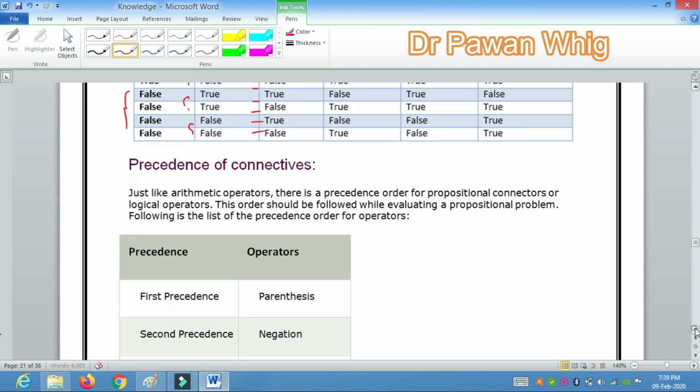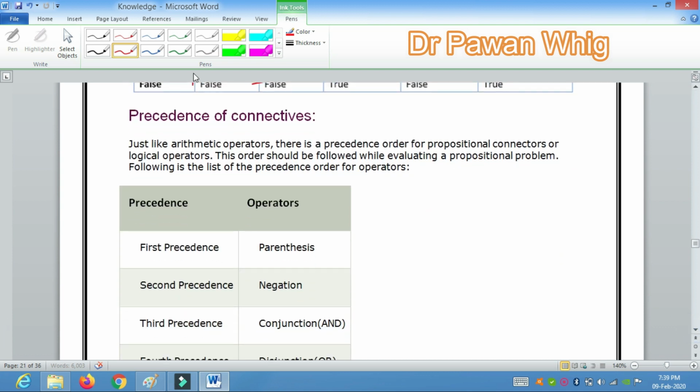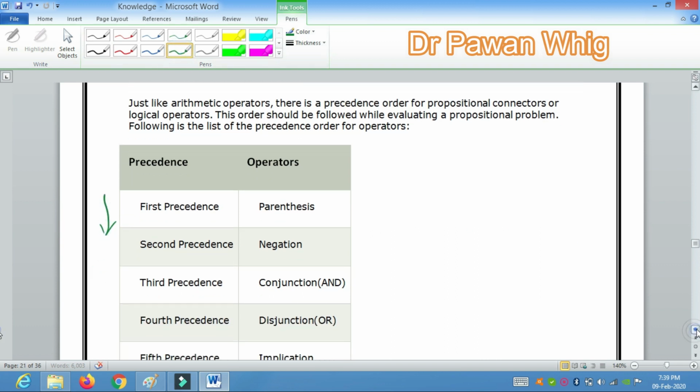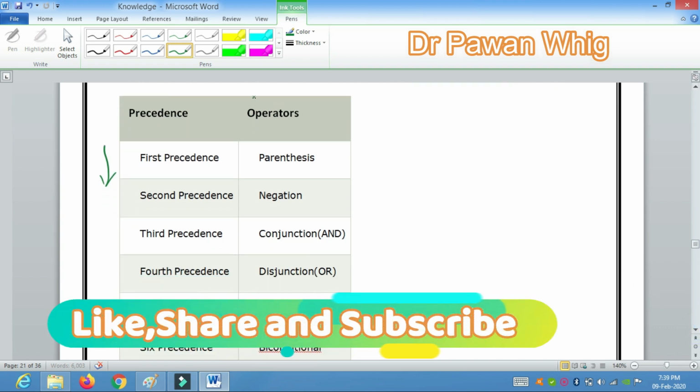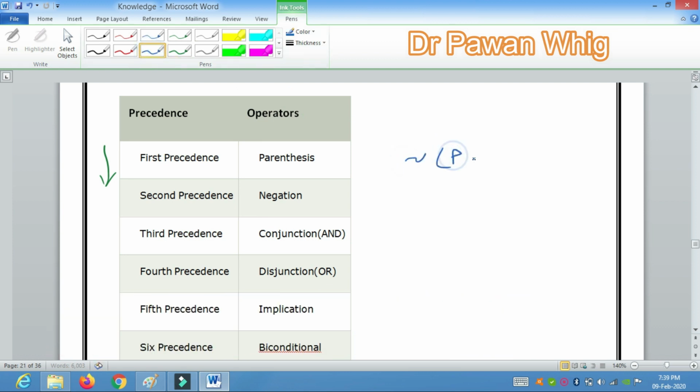So this is very important, the precedence of connectives, which is nowhere explained very clearly. It is the precedence for solving these kinds of propositional logic. Let us suppose we have to solve this P or Q. First of all you have to solve the parenthesis, then you have to negate.